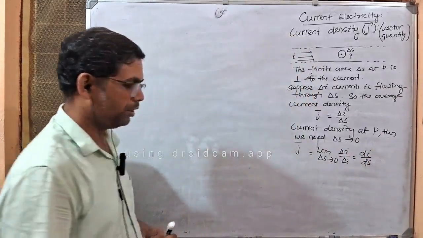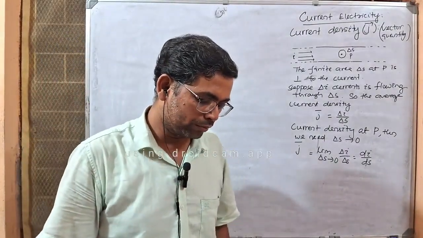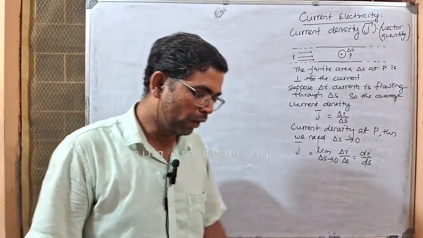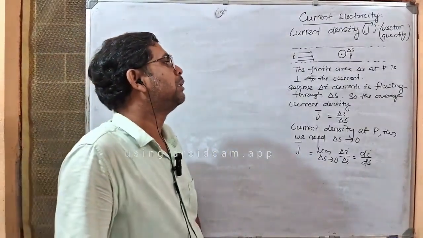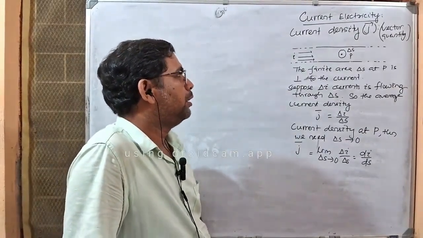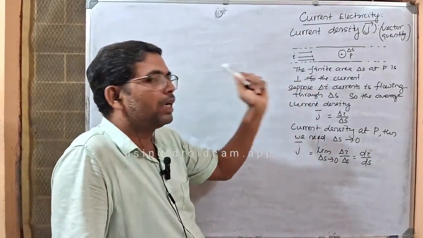When we use d, it means infinitesimally small. That means the area has to be perpendicular to the current.